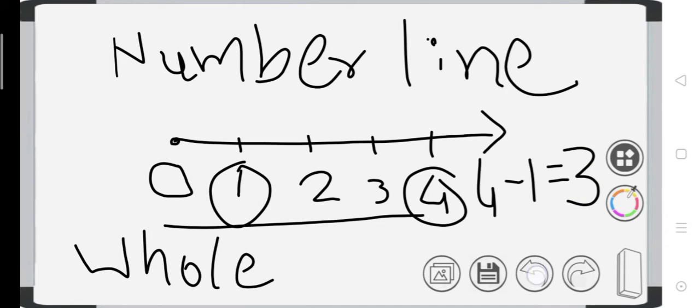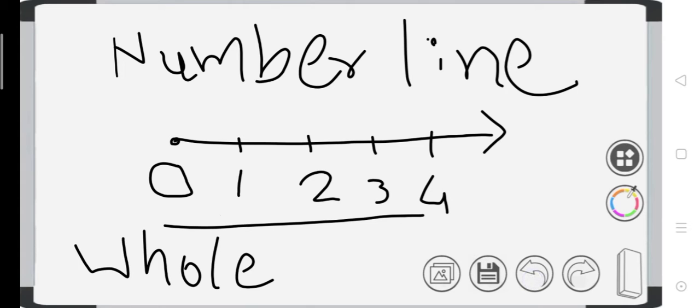Clear? Now if I want to do multiplication on the number line, 2 multiplied by 3, what I need to do is make the jump 3 times, and then I'll get the answer 6.